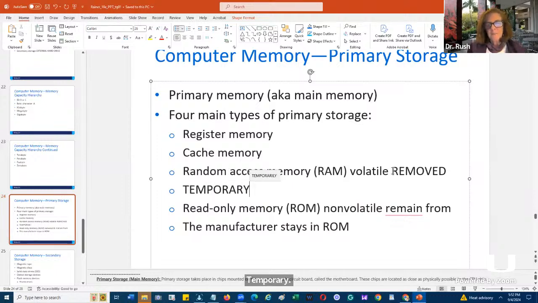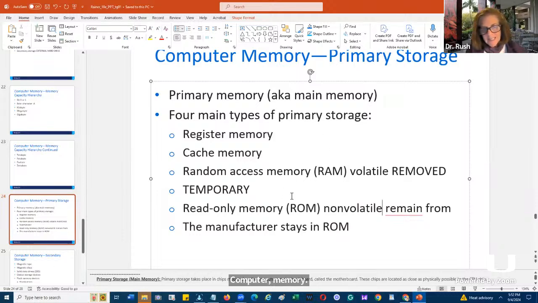That's random access memory. And read-only memory is a portion of the main memory, a small portion that remains non-volatile. And that small portion, because when I turn on my computer, there are instructions that have to be in my computer memory, in my primary storage, for it to work.